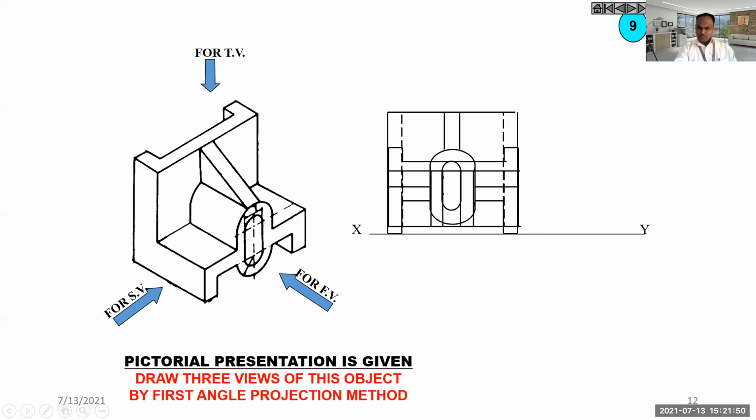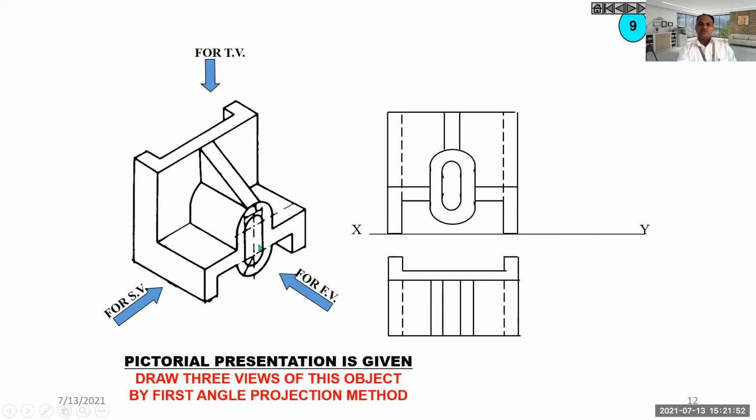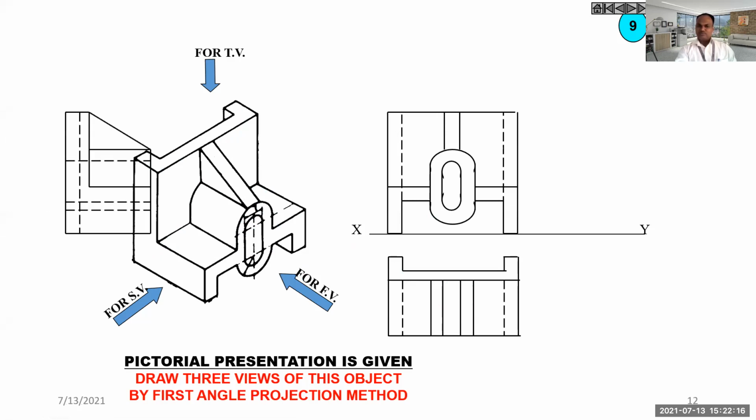In top view, we'll observe this portion, this rectangular portion, and these three ribs. This is actually one rib, but this circular portion has some projection outside. So if I take the projections from this point, I'll get these two lines as top view.